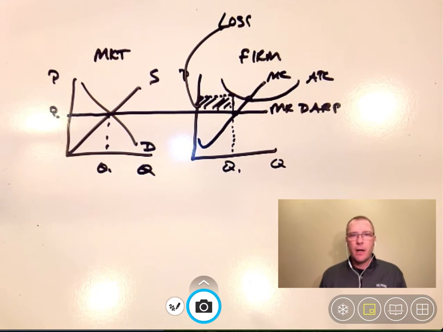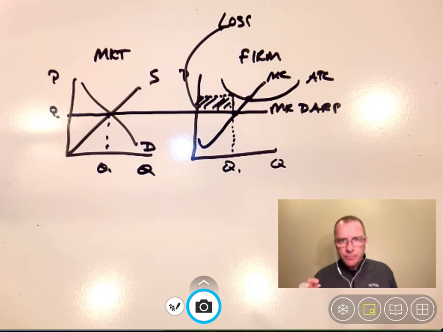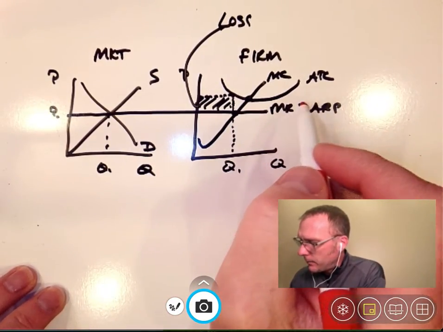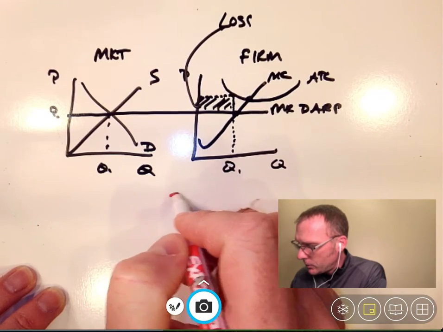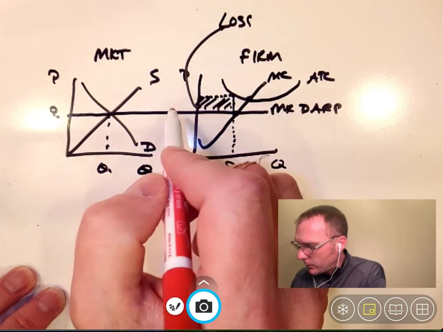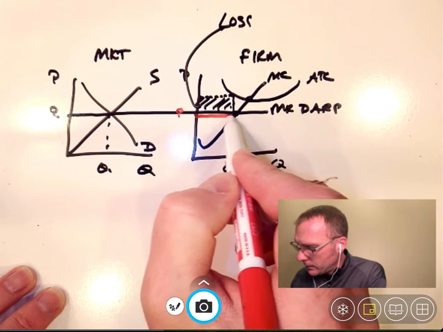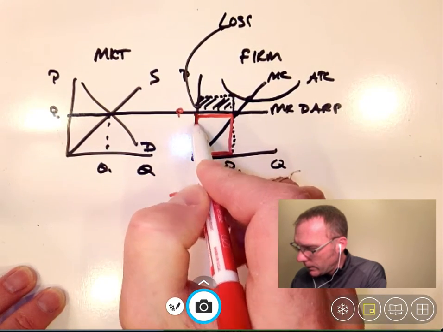And that loss, again, I can go through my red box, green box situation. If I look and see how much money is coming in, my total revenue is price times quantity. Here's my price, here's my quantity. So there's my total revenue.